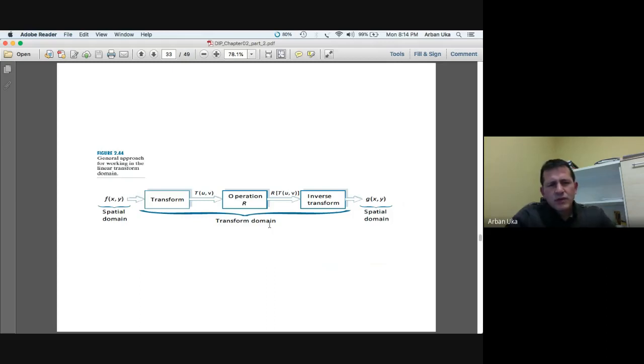Overall, whenever we are dealing with linear transformations on specific images, we can have transformations both in the spatial domain or the real domain, and also in the complex domain or the Fourier domain. The Fourier domain, we may assume, is an equivalent representation in terms of the frequency of a specific image.